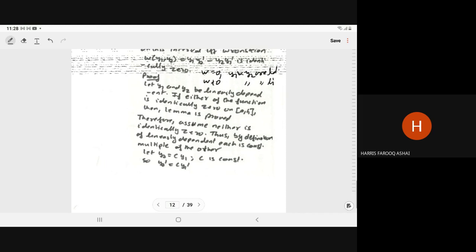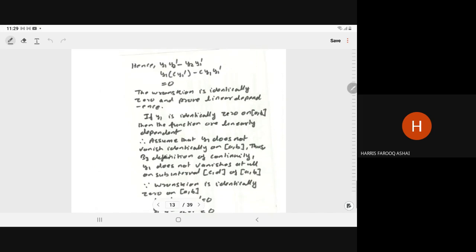Here it is also written: assume neither is identically 0. Thus, by definition of linearly dependent, each is a constant multiple of the other. Let y2 be equal to c y1, so y2 dash is equal to c y1 dash. Putting this in the Wronskian, it will come to 0.